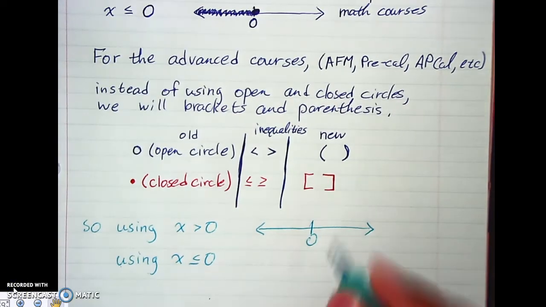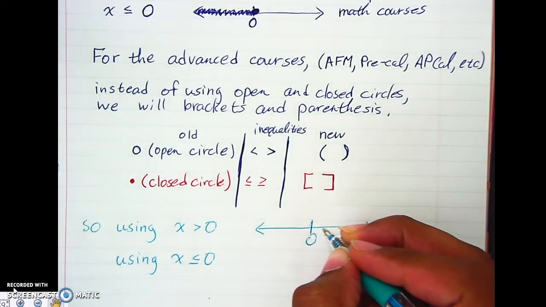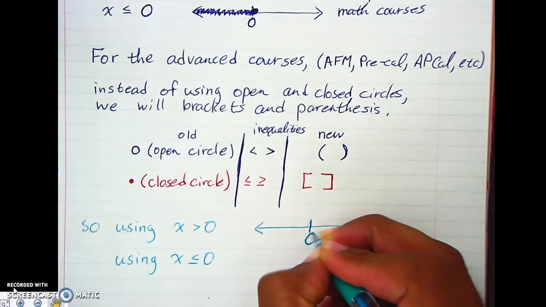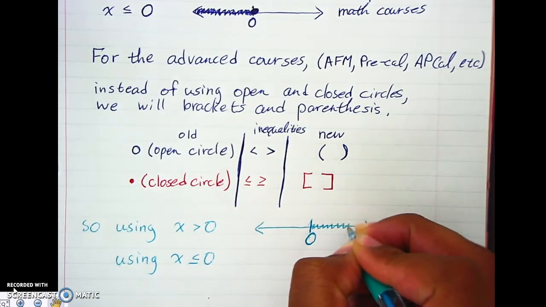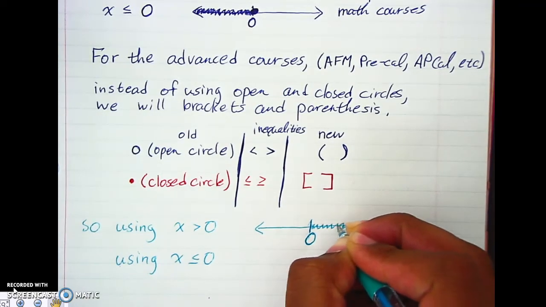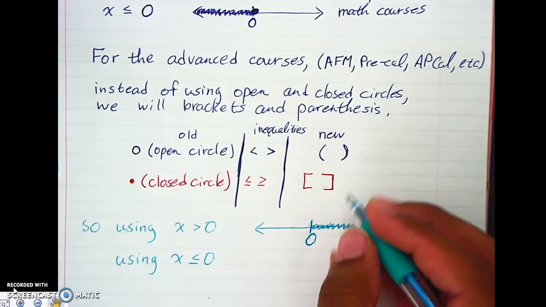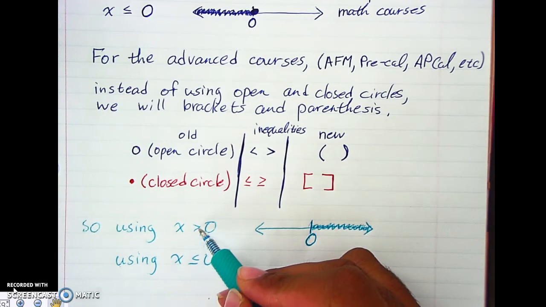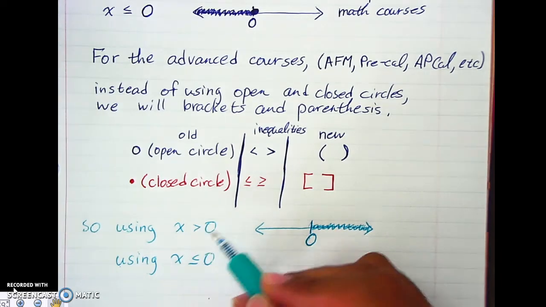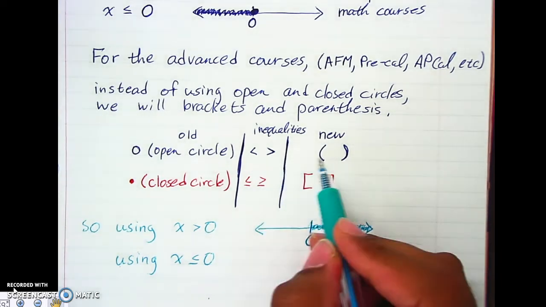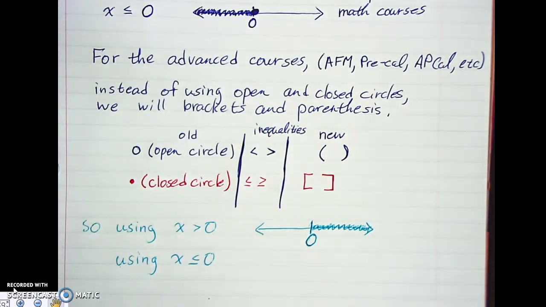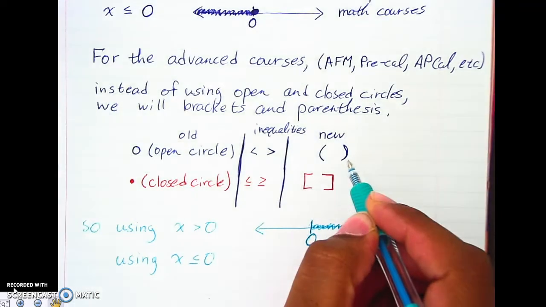On the number line, we'll go ahead and shade it like we did before. So we have the 0 in the middle again, and we're going to shade on this right side, just like we did earlier. Nothing changes on that part. But instead of using open and closed circles, because this is a greater than sign, it means we're going to be using parentheses.